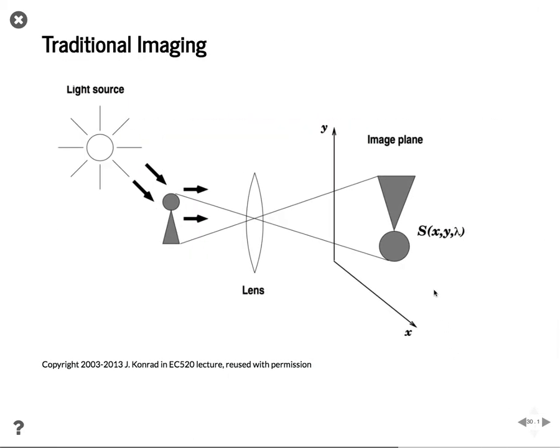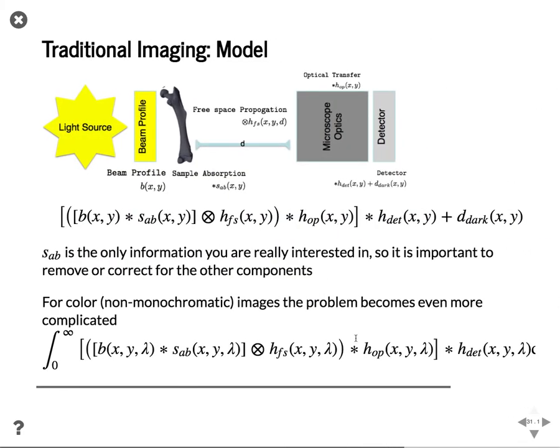So yeah, this was the slide I was looking for, the traditional imaging. You know, you have a lens, you have an image plane, you might have some zoom factor or some blurring or some other things that happen. That's the pathway for it. And in the traditional imaging model, you have a light source, a beam profile, sample absorption, microscope optics, detector, all of these different steps.